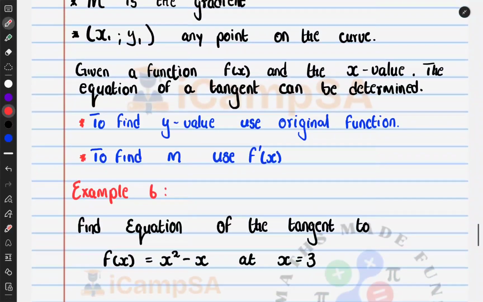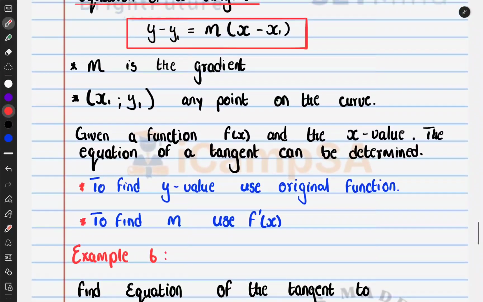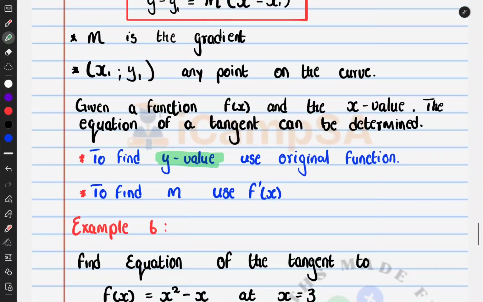So now let's go ahead. Given the function f of x and the x value, we are now determining the equation of a tangent. The steps are simple. To find the equation of the tangent, we need to find the y value first, and for that we use the original function, which will be given, the function of the curve.